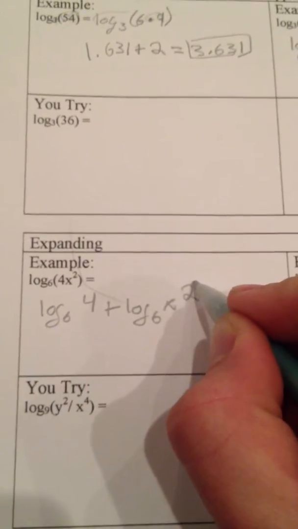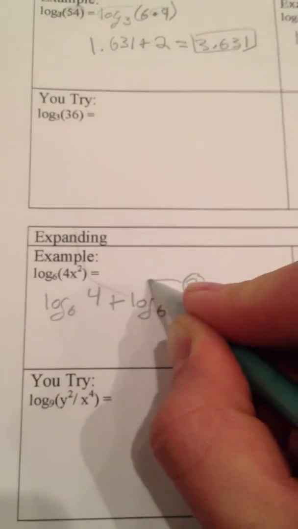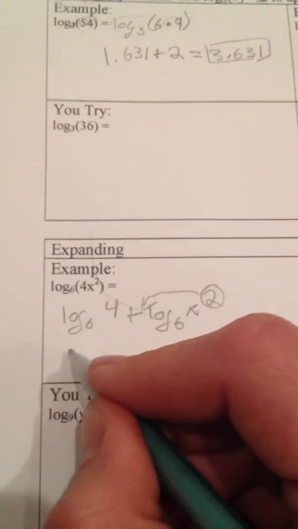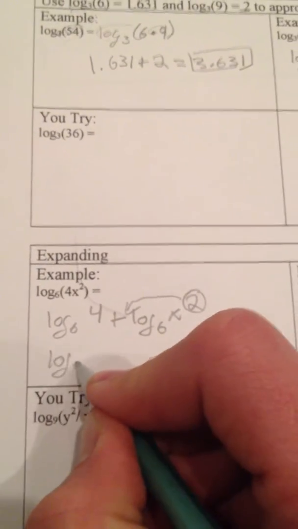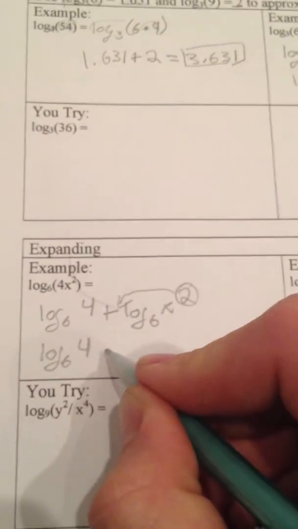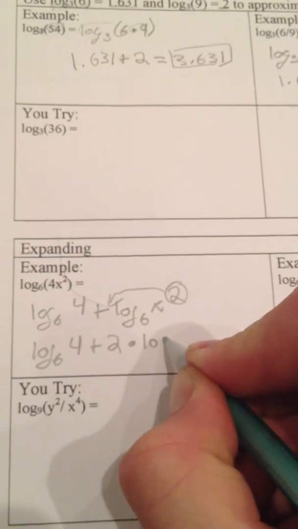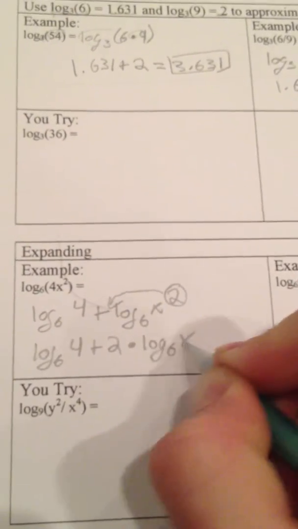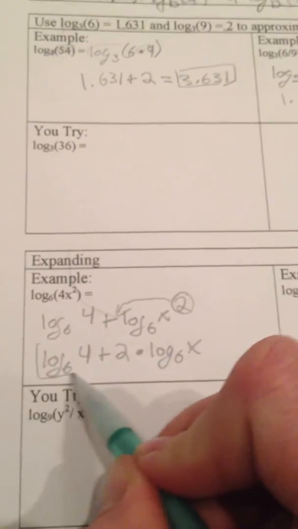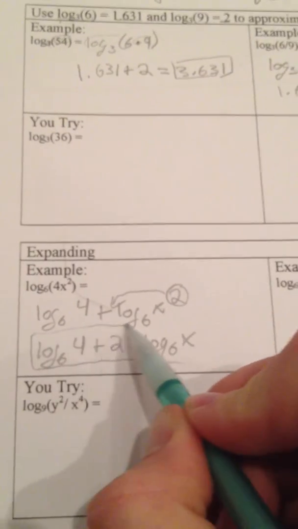Like we talked about in the power property, this 2 has to come out to the front. So we then have log base 6 of 4 plus 2 times log base 6 of x. And this right here is going to be the answer, because all we're doing is expanding.